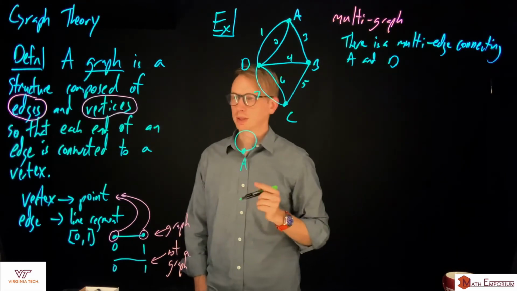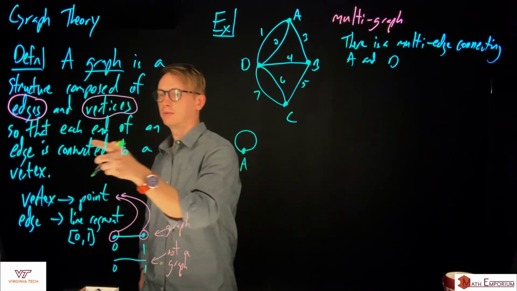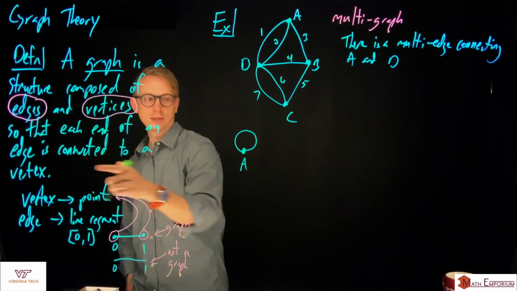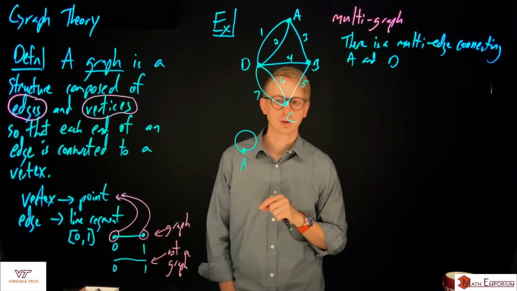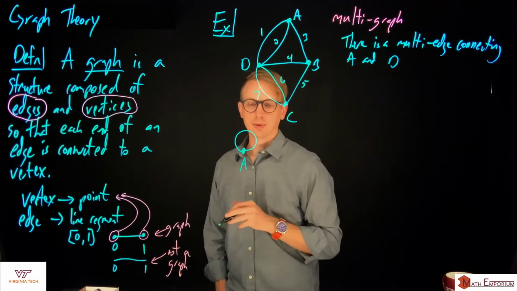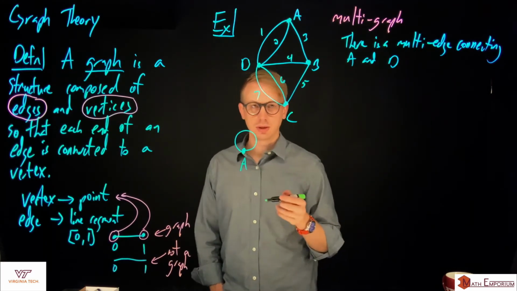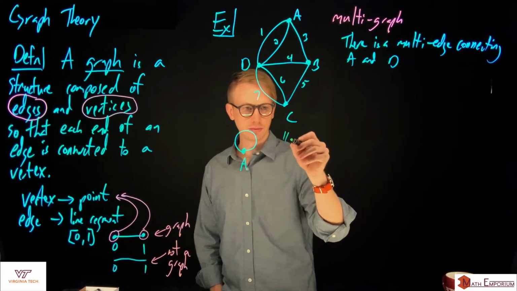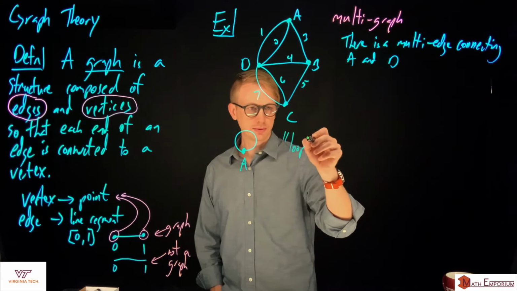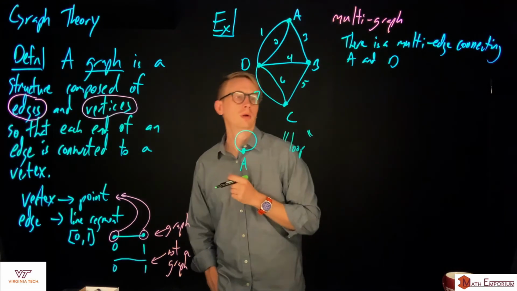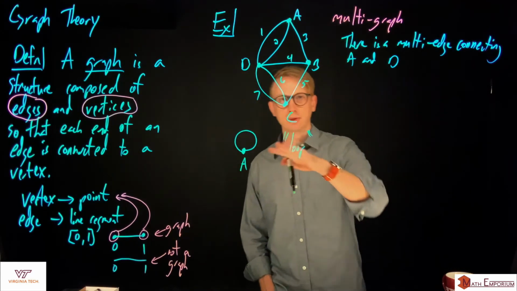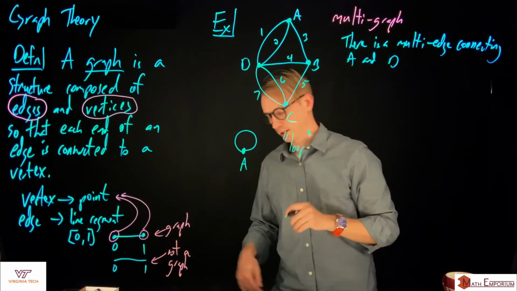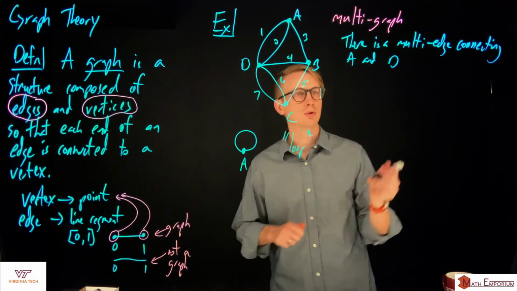And there's actually nothing in this definition that says you can't do that. So each end of an edge is connected to a vertex. Well, each end is connected to a vertex, in this case the same vertex. I'm not going to go through the process of labeling this edge, because I don't think it needs a label. But this is something that's referred to as a loop for short. Okay. However, at this point with this much as examples, I think it's important to introduce the word adjacent.